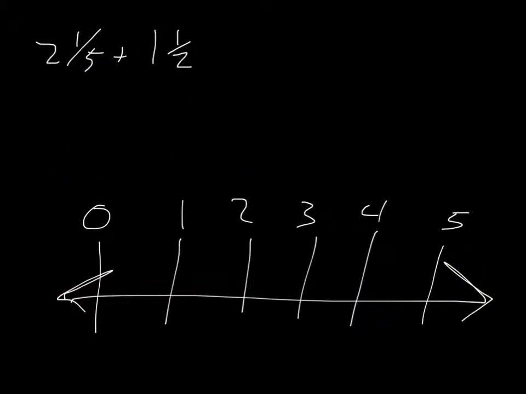We can also solve this problem using a number line. Still, we're going to break it down to the whole numbers first. I'm rounding 2 1/5 up to 3 and 1 1/2 up to 2. So I start at 0. I'm doing my first 2 from my whole number here.